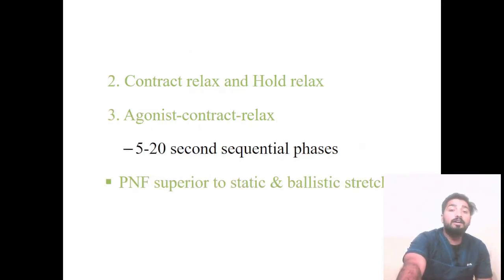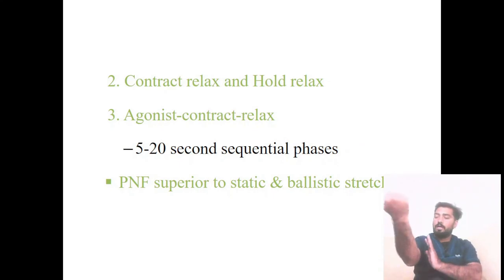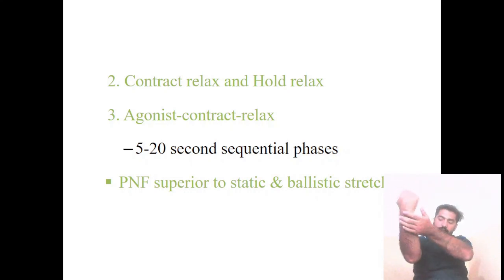And the other one is the contract-relax hold-relax. First of all, I contract this muscle, which is the spastic one, like the triceps. I do the extension against the resistance, I hold this position, and then I increase the gained range.